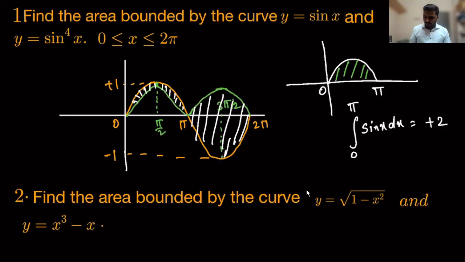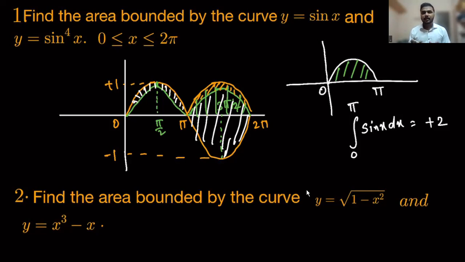So what I am doing here is taking this strip, and this strip, and I want to put it here. If I put this strip here, of course, this area is nothing but the area we are finding. So the total area is the sin x area from 0 to pi plus the sin x area from pi to 2 pi.